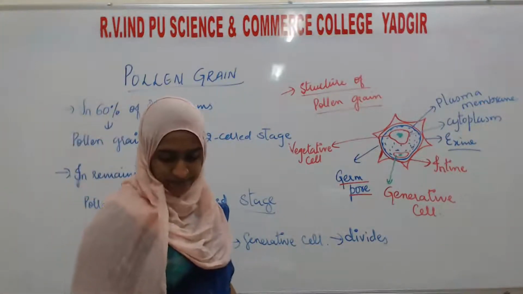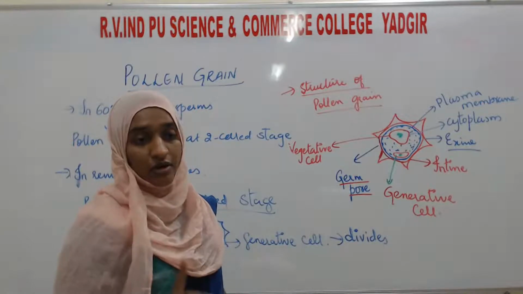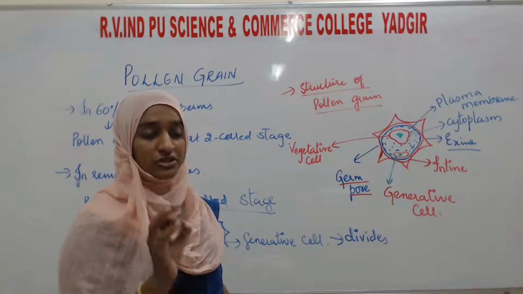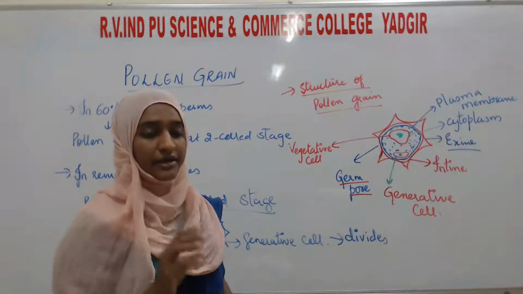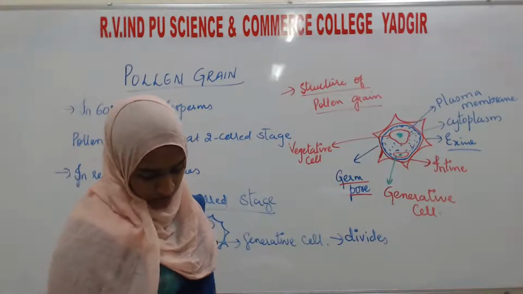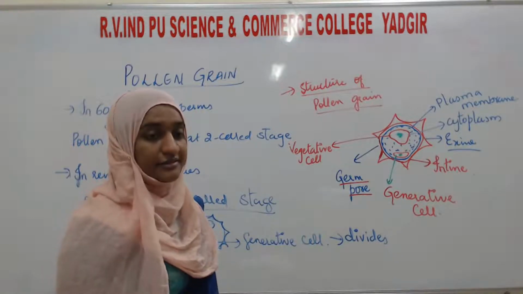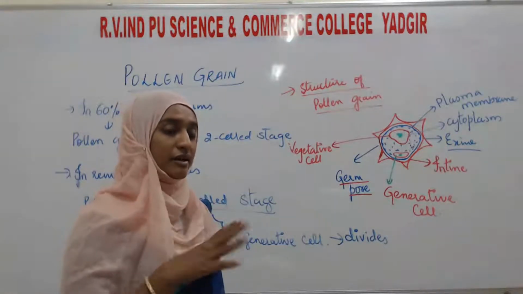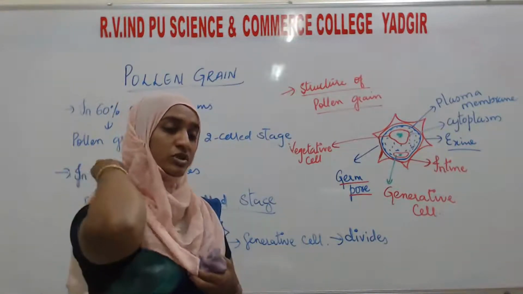Then here, pollen grains are an important structure, an important gamete in the life cycle of angiosperms. The pollen grains which are present in the atmosphere, see here, from the flowers they are going to fly away through the wind.